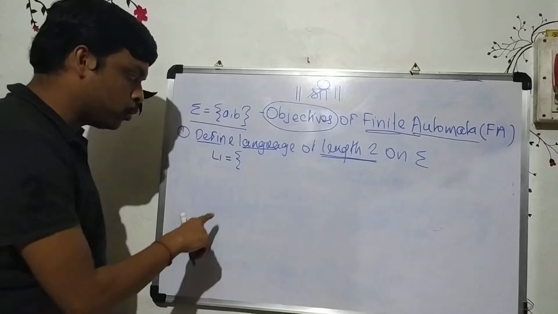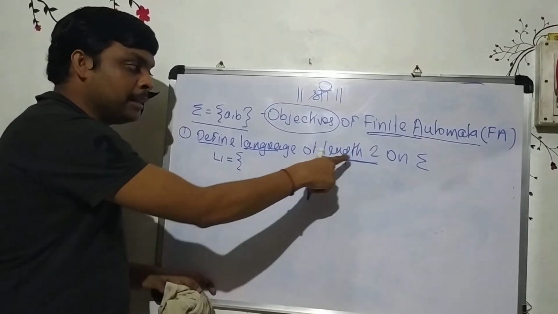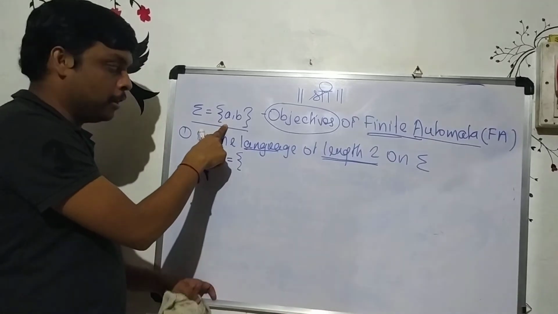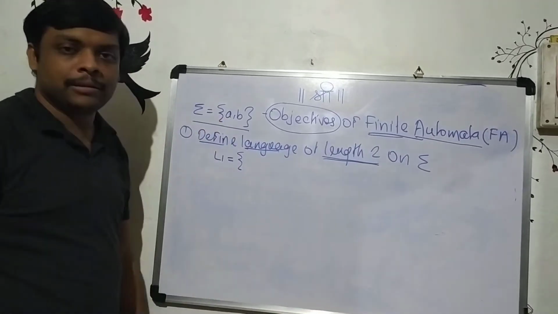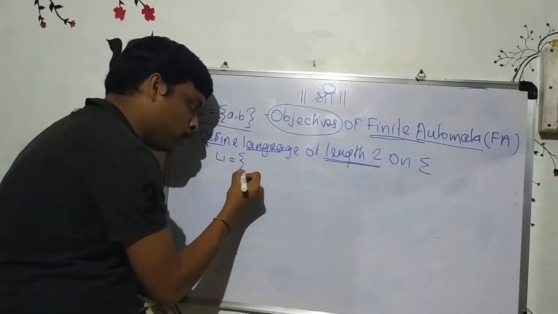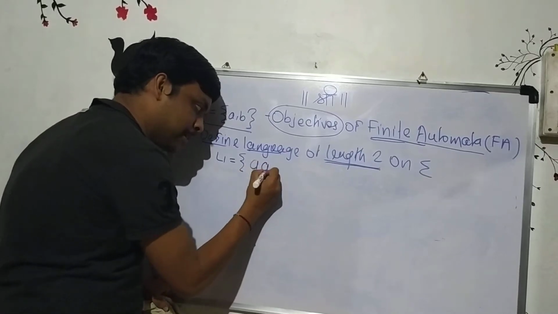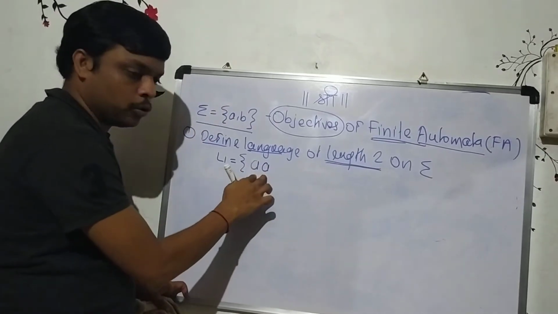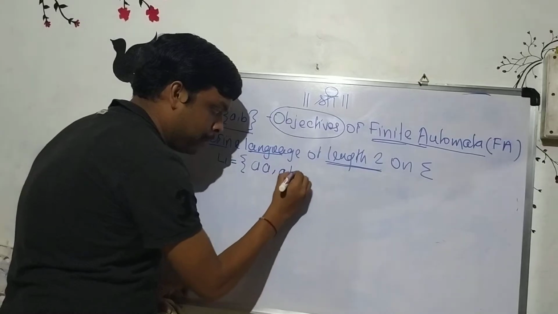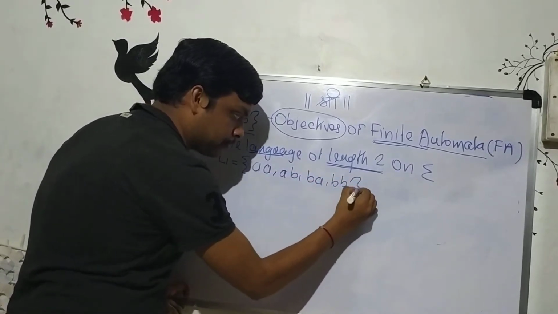We have to list only such elements in this set whose length will be 2. So how many possible combinations will there be? Let me mention all possible combinations. First combination is AA, length is 2. Then AB, then BA, and finally BB.